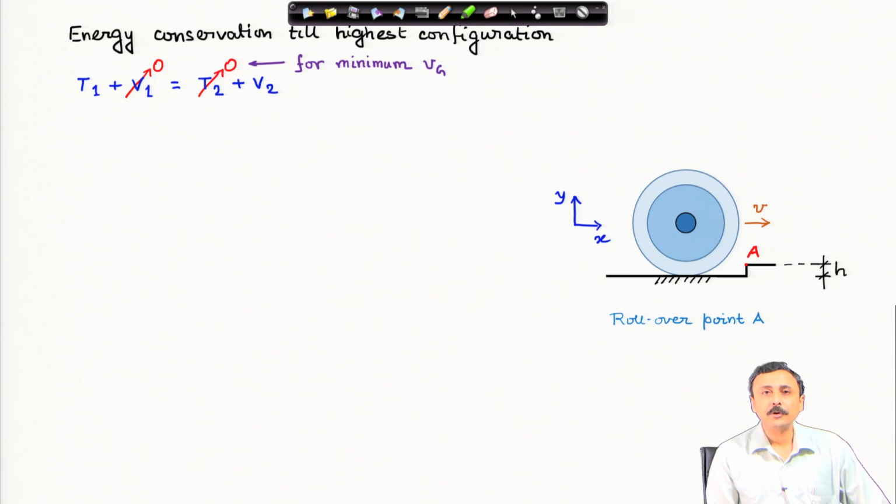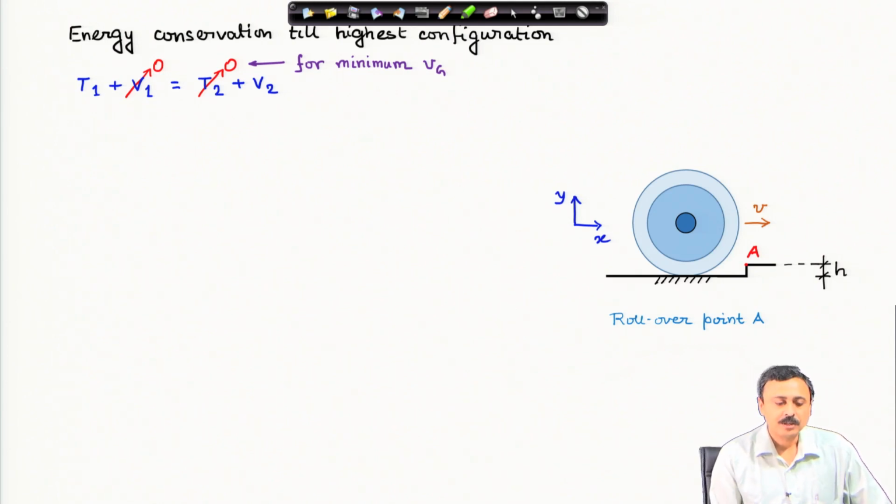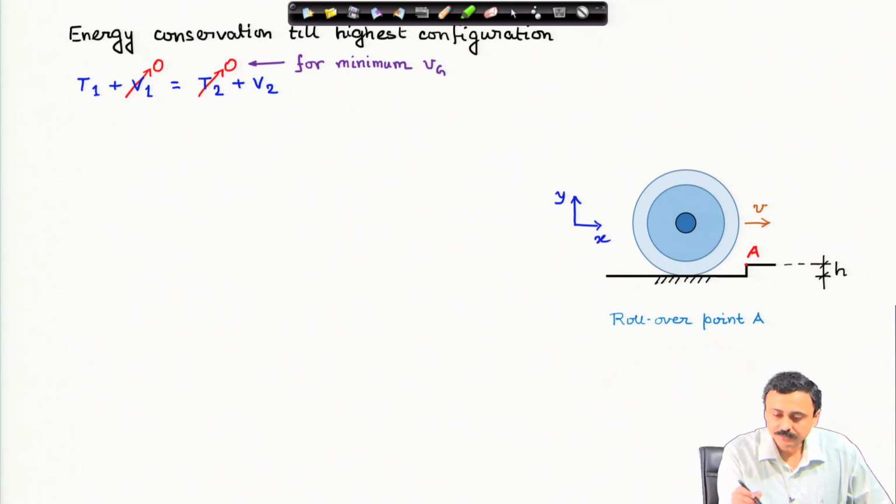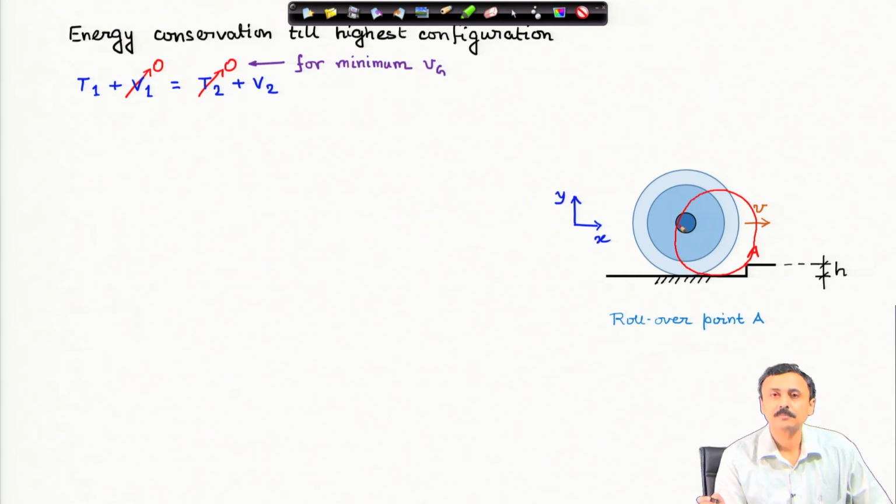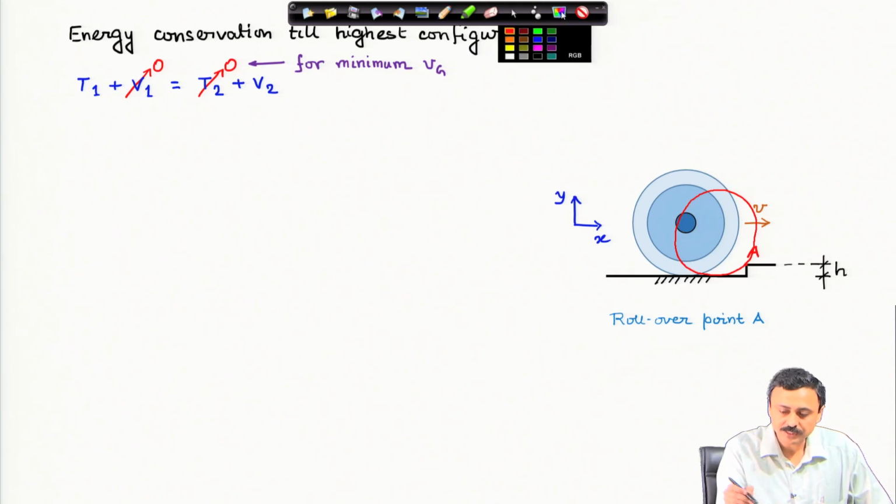Since it is rotating about that fixed point A and there is no other active force other than the weight, which is a potential force, total mechanical energy of the system will be conserved between these two states. What are these two states? One is just after it has hit the corner, and so this is the starting state.